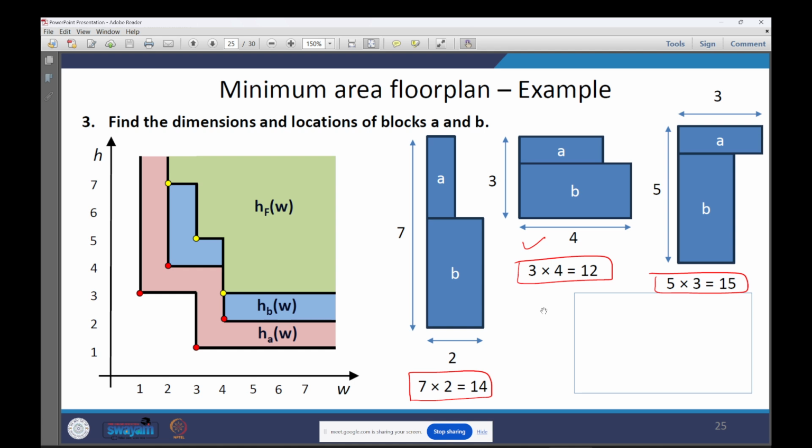Let's say on this, what is this height actually? P is 2 or 4? This height is 4. This height is 4 plus 1 is 5. This side is 3.